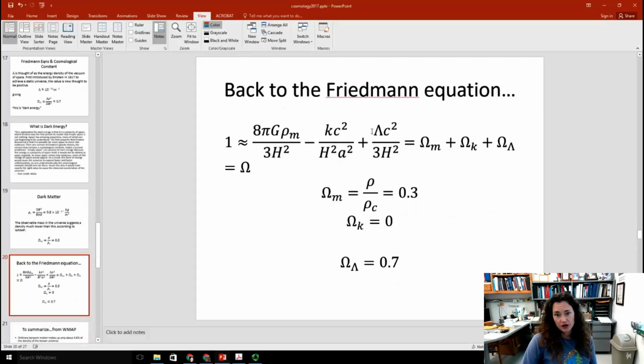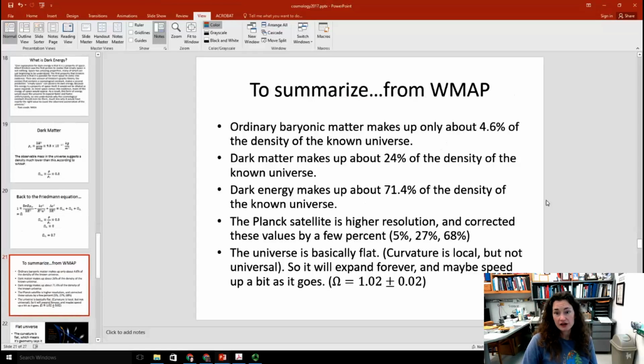If you plug in, omega sub m is about 0.3, omega sub k roughly 0, and omega sub lambda about 0.7. So to summarize from WMAP and later from the Planck satellites, what this means is that ordinary baryonic matter, the stuff that you can see with your naked eye, stars, planets, things like that, makes up only about 5% of the density of the known universe.